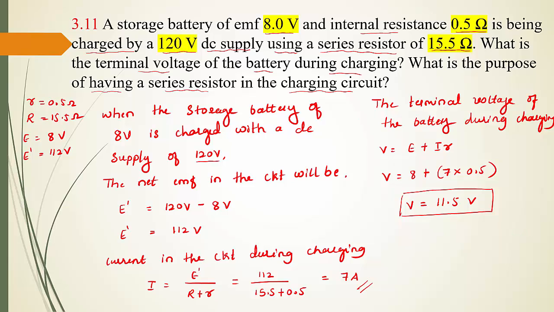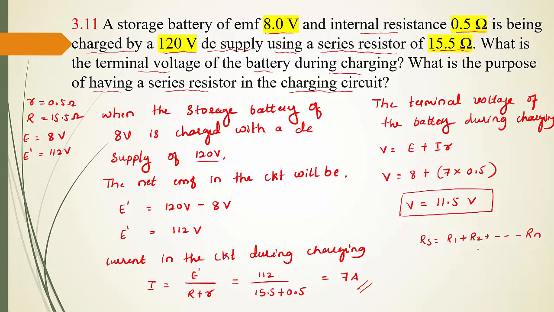Then one more question is there here. What is the purpose of having a series resistor in the charging circuit? Remember, the series resistor limits the current which is drawn from the external source. To limit or control the electric current, we use a series combination of resistors, because in a series combination we use the equation Rs equal to R1 plus R2 plus R3 and so on up to Rn.